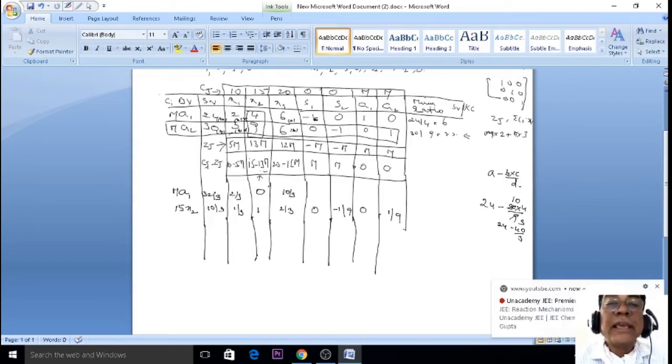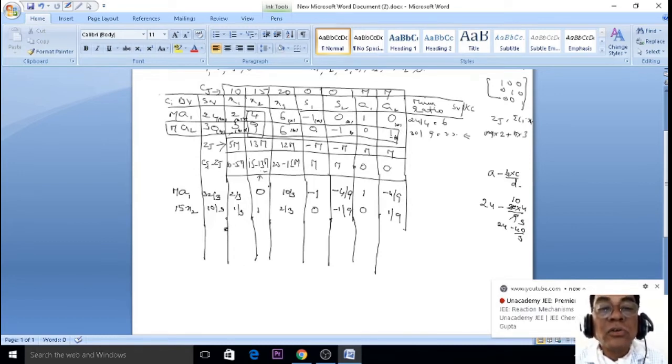Next, A, B, A straight, C always from the key column, and D. Apply our condition, so that gives minus 1, and this gives 0. Then A, B, A straight, C and D gives minus 4 by 9. Same thing for the next: A minus B into C by D.